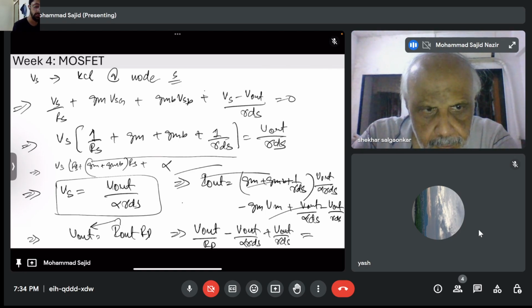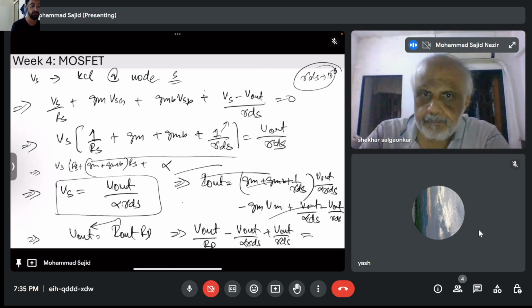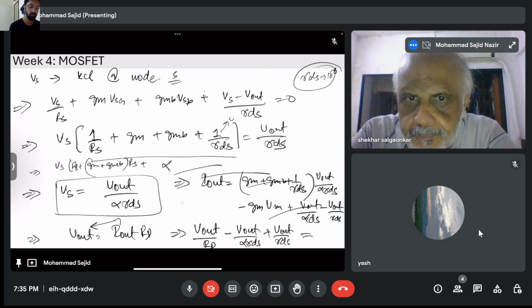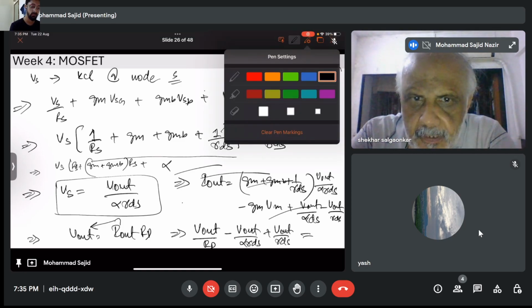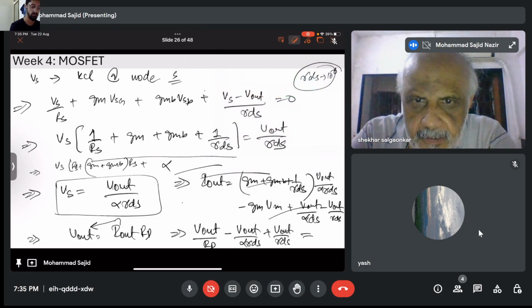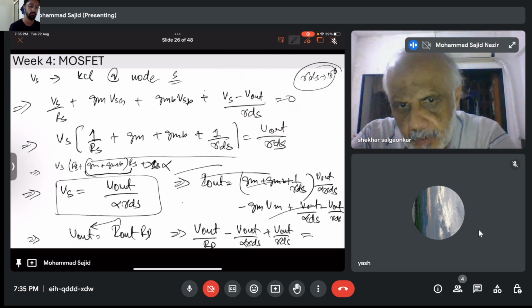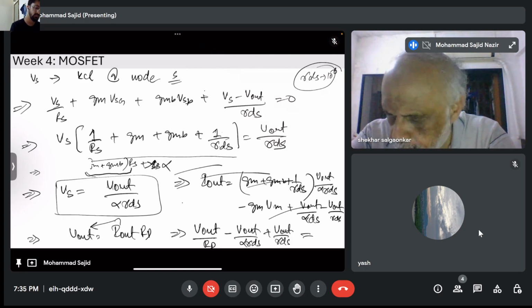Or I can simply neglect this term because RDS is usually very large, of the order of 10 to the power 6, so I can consider this as 0. You don't need to consider 0 in this question, but you can. These are simple approximations, like approximating this term as greater than RS or greater than 1 to nullify some terms. You can do such approximations to solve your questions, but the easier part is you just follow the steps, and you will get the answers.